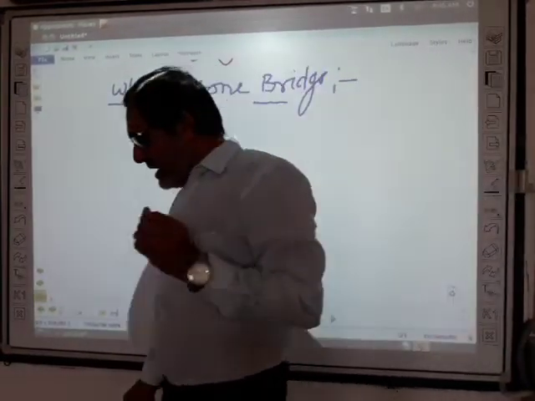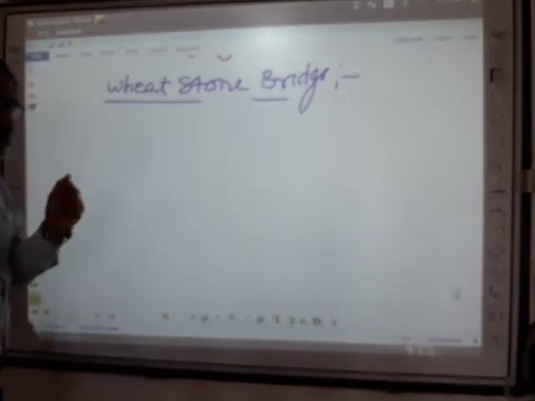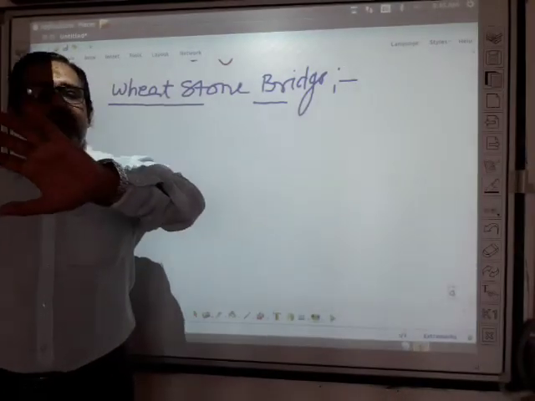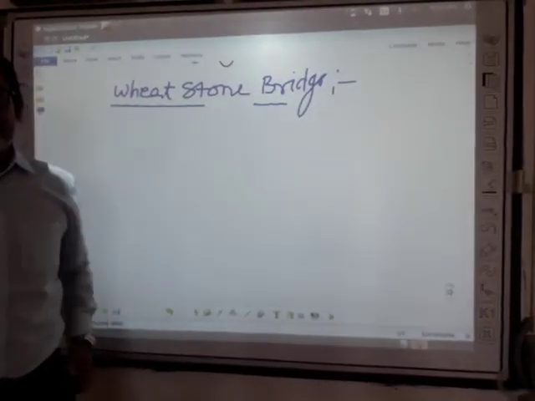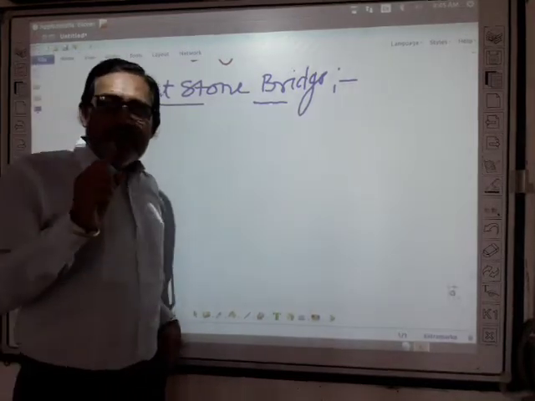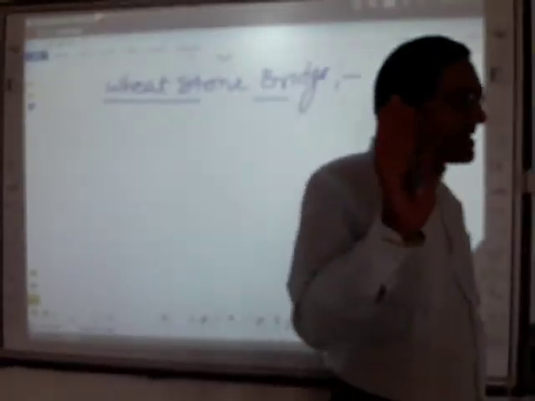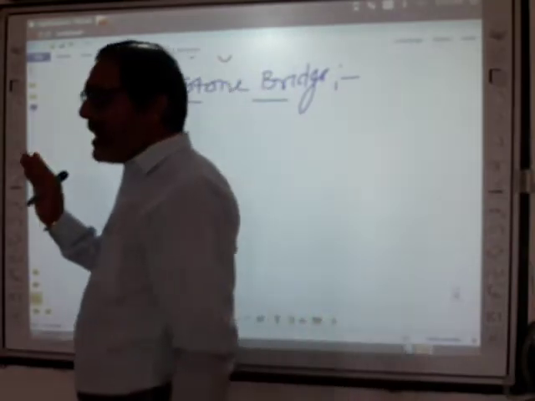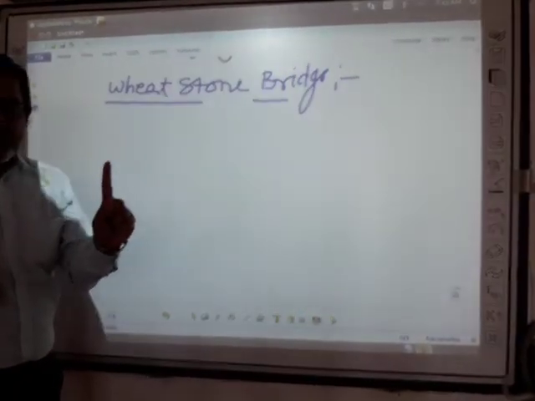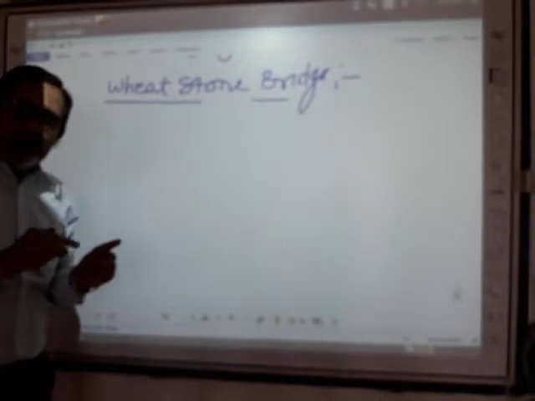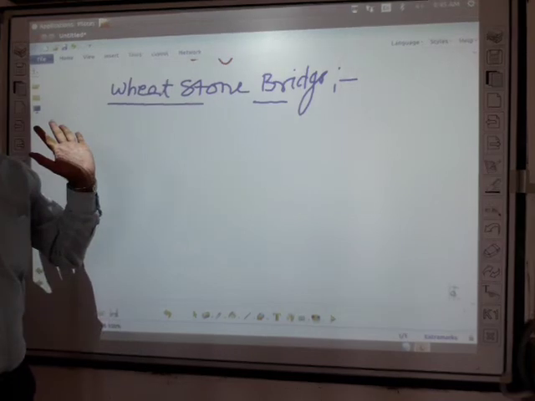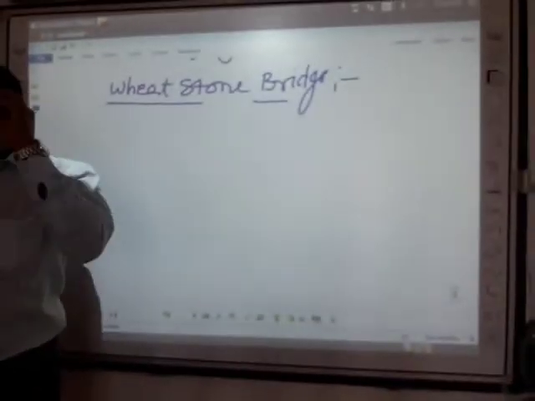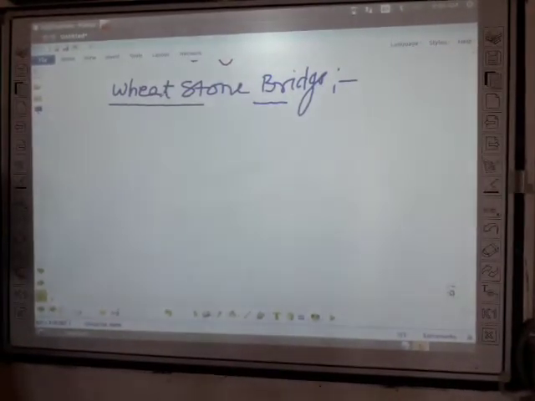Means four resistances, three known and one unknown, are connected in the four sides of a parallelogram. Is it clear?